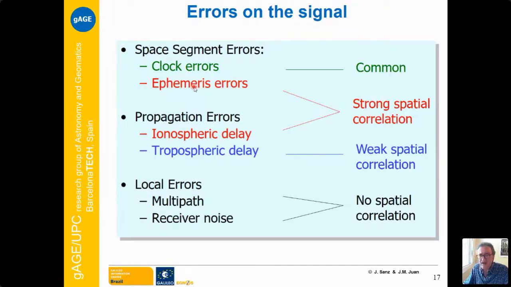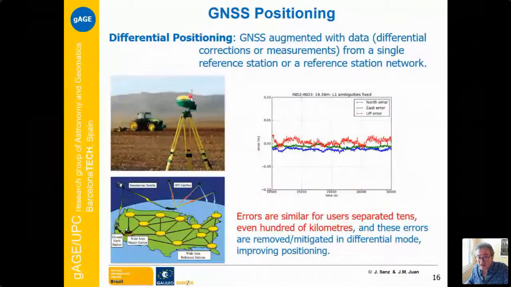Well, the orbit error depends on the user location, because what affects the positioning is the projection of the orbit error in the line of sight direction. If we have the satellite here, then what affects the positioning is the projection.